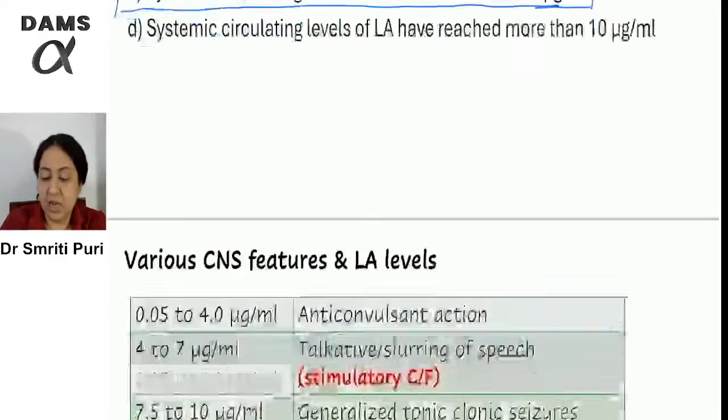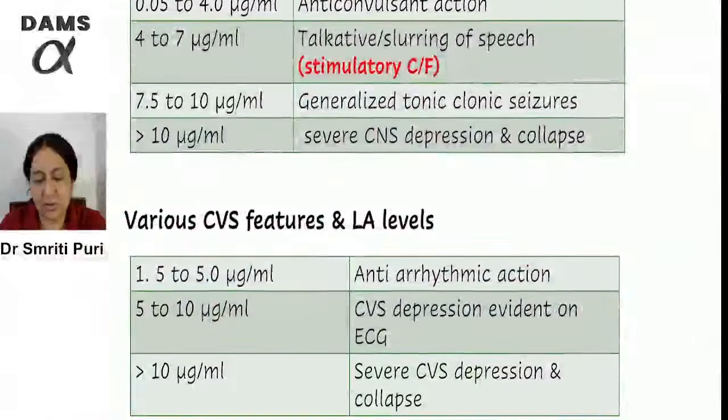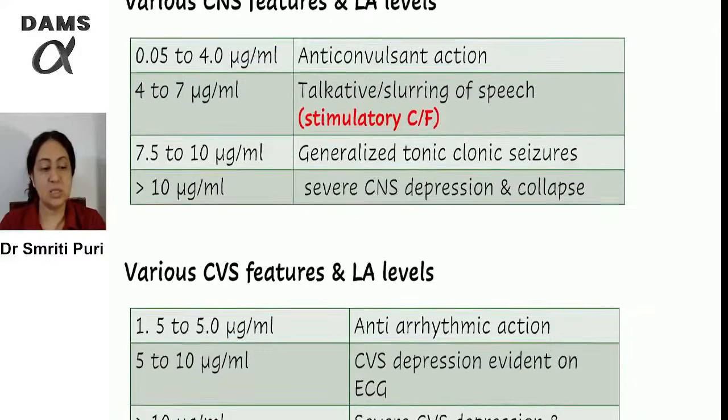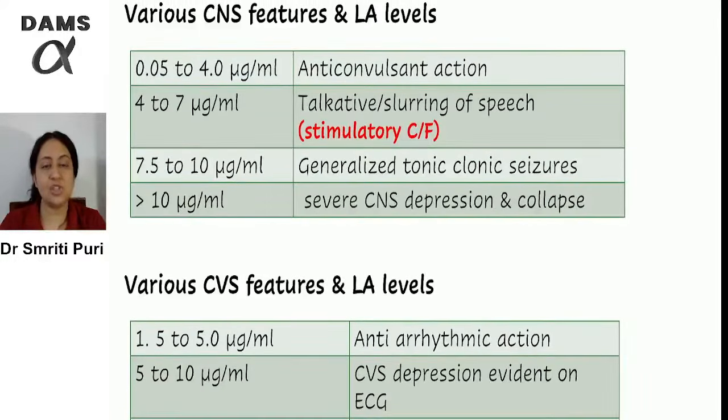Okay. Quickly, let's revise. LA toxicity has been asked many times in the last few years. Consistently, there has been at least one question on LA toxicity in your exams over the past few years. So let's have a quick revision. Various CNS features and LA levels.